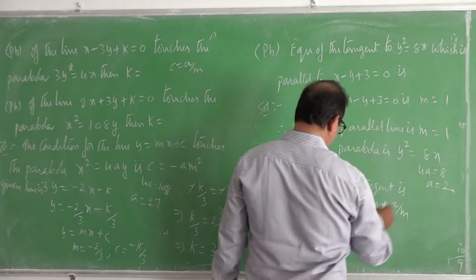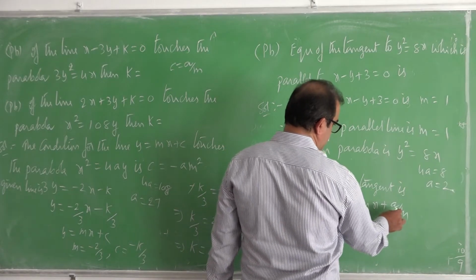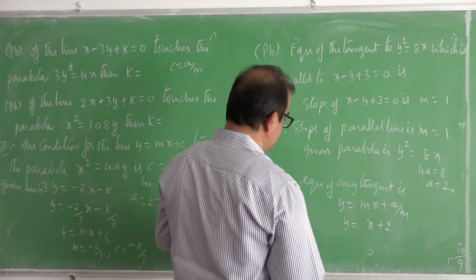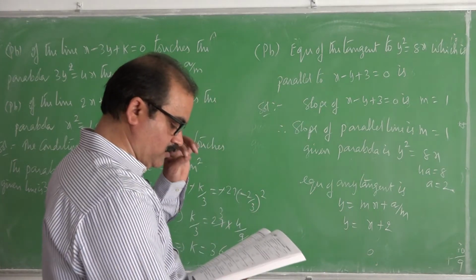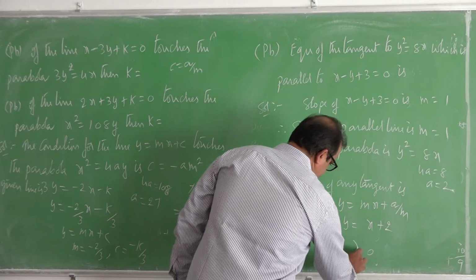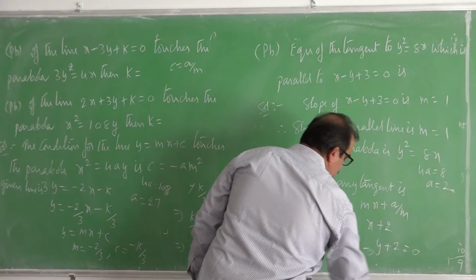What is the m value? 1. m value 1, a value 2. 2 by 1, that is 2. So the equation of the tangent is y is equal to x plus 2, or write it as x minus y plus 2 is equal to 0.